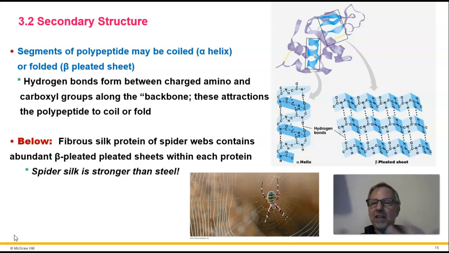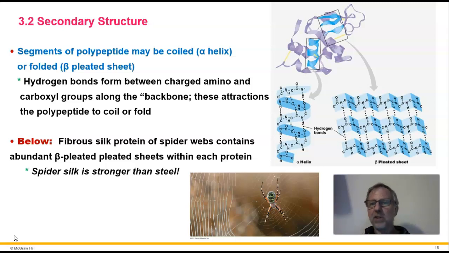The way that these form, you can see if you look really closely, is that the amino group in one amino acid is attracting to part of a carboxyl group in another one. And those attractions cause that polypeptide to either make coils or folds. So that's what's making this secondary level of structure, those attractions.